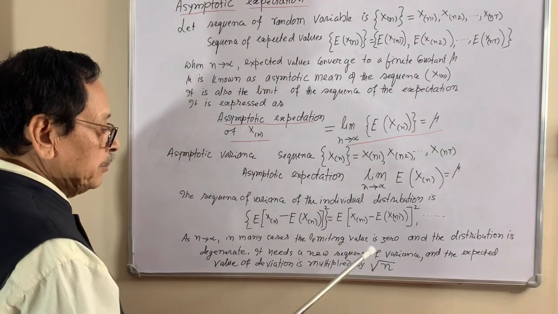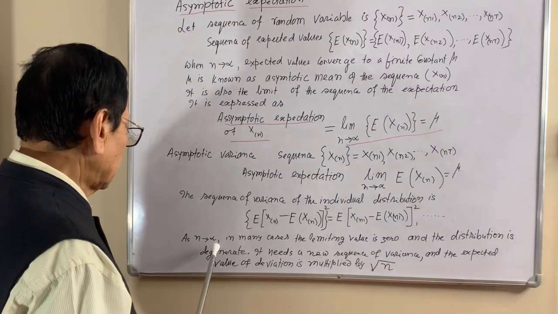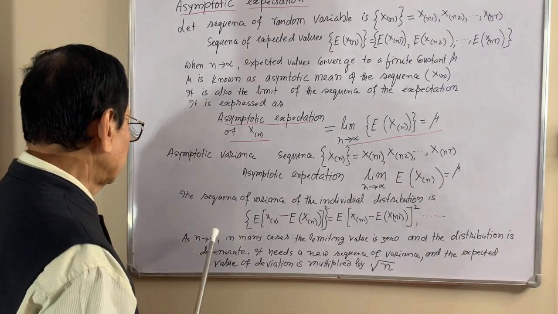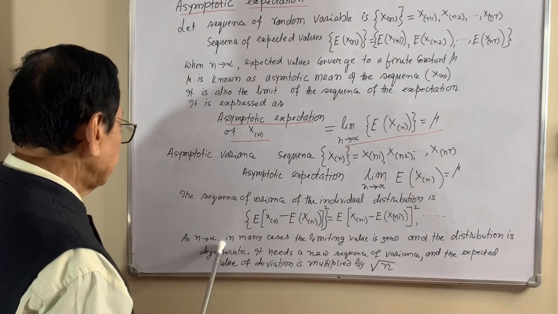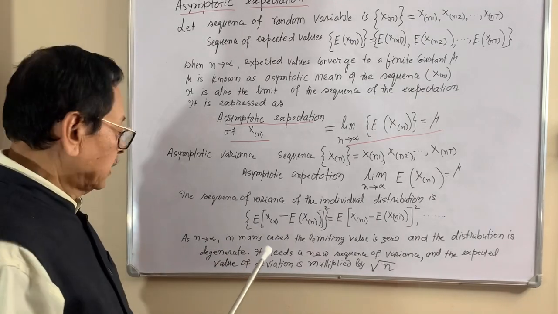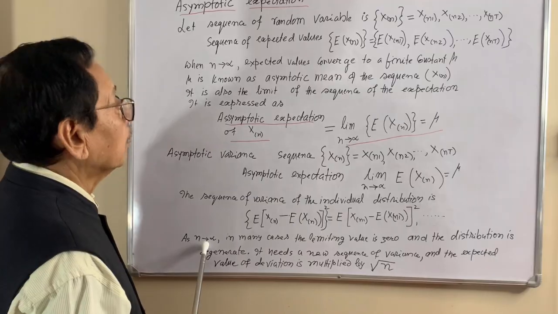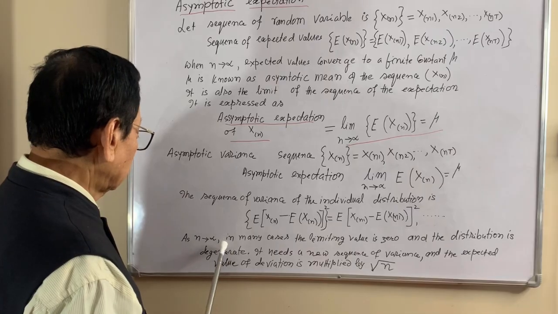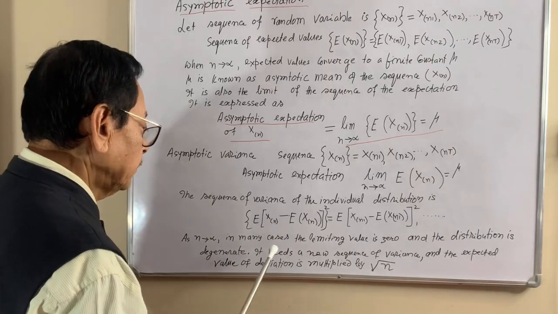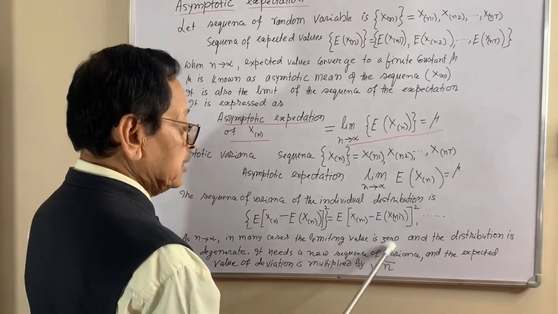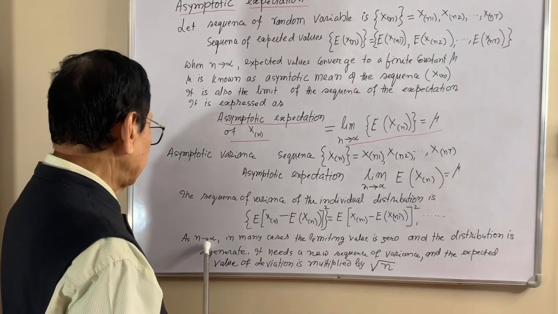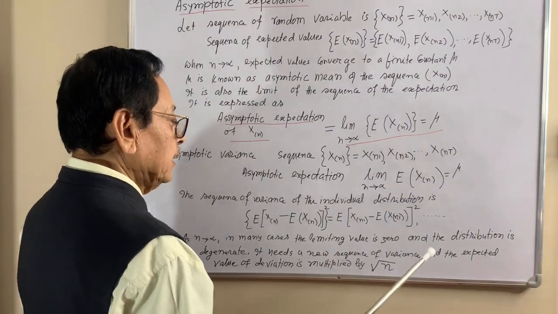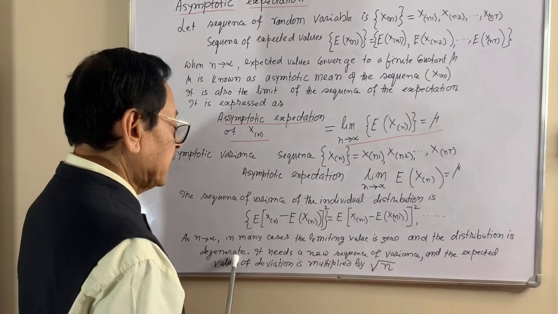When the limiting value is 0, we say that the distribution is degenerate, because when n is very, very large, it may so happen that in some variables within n the limiting value may be 0. Not all zeros, but some may be zeros, because n is very large. So in that case, the distribution is degenerate.